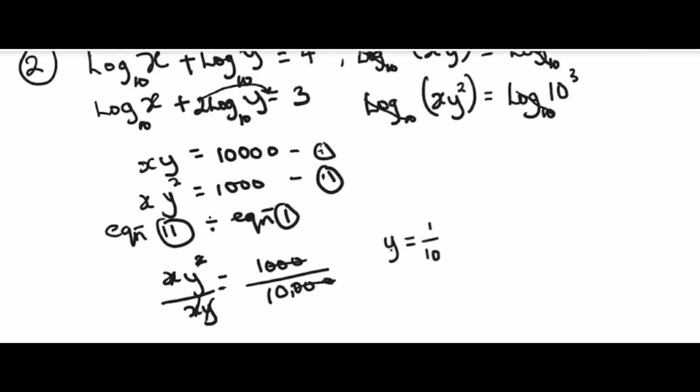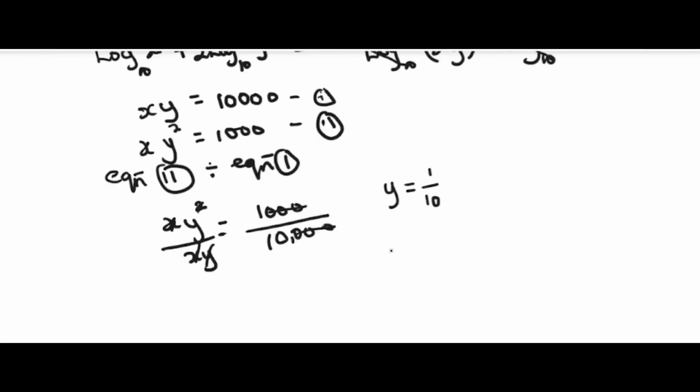Okay, so to find our x, we will substitute y into one of the equations. And looking here, the easiest to substitute is equation 1 to run away from the squared, right? So we have x times 1 over 10 to be equal to what? 10,000. Okay, so that would mean x over 10 to be equal to 10,000.